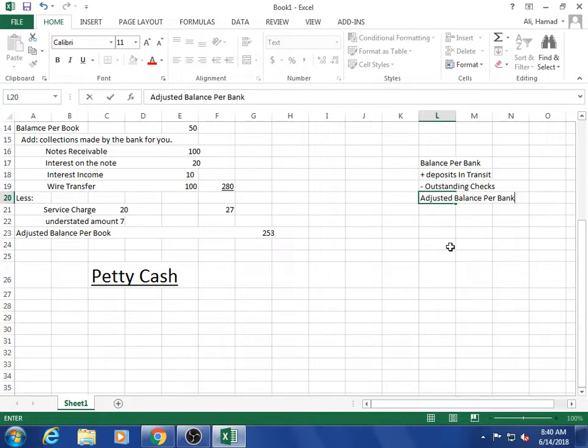All right, and then this adjusted balance per bank must equal the adjusted balance per books.